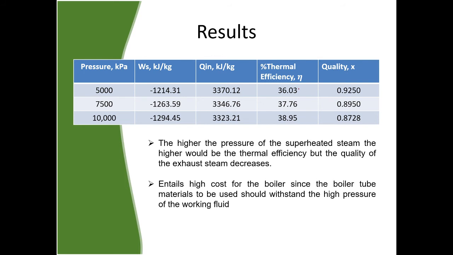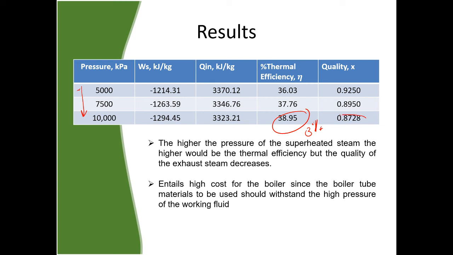Okay. The higher the pressure sa boiler, the higher the efficiency. Sabihin nyo, ang liit lang naman nung in-increase, from 36 naging almost 39, 3% na increase. Pero sa large scale, yung 3% increase means a lot. So, the higher the boiler pressure, the higher the thermal efficiency.